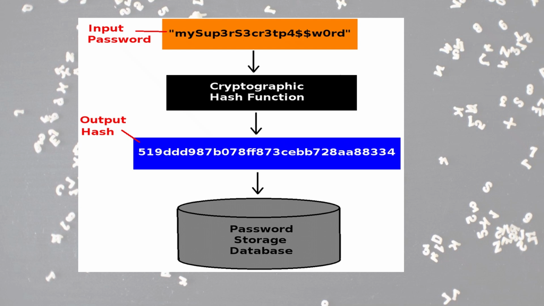Depending on the hash function that the application is using, it outputs a hash digest. This hash digest is a fixed size hexadecimal value, and this fixed size hexadecimal value is what is stored in the password database of that application. So it depends on the hash function you are using.